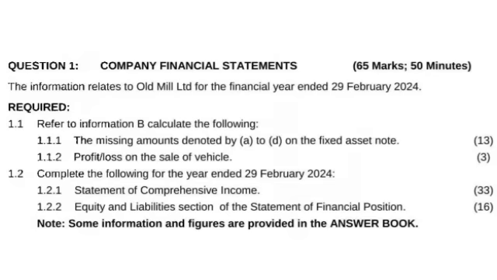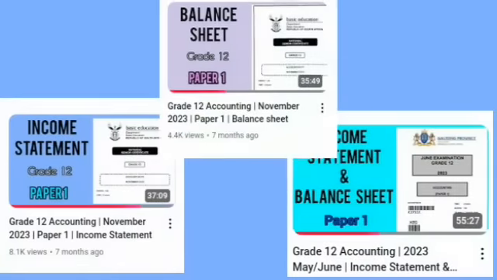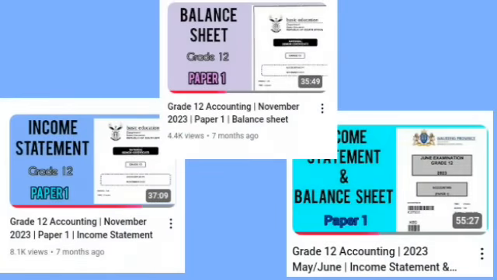In 1.2, they want you to complete the following for the year ended 29 February 2024. They want you to do a statement of comprehensive income, and then in 1.2.2, they want you to do the equity and liability section in the statement of financial position. Now, when it comes to the statement of comprehensive income and the statement of financial position, I have done quite a number of videos on them.